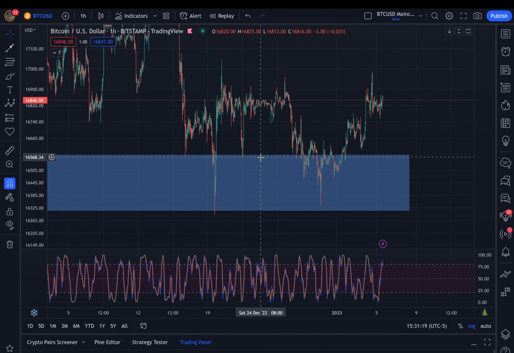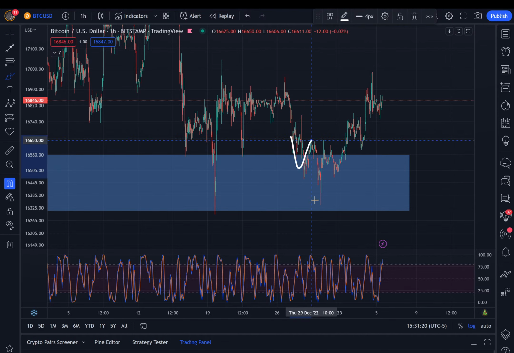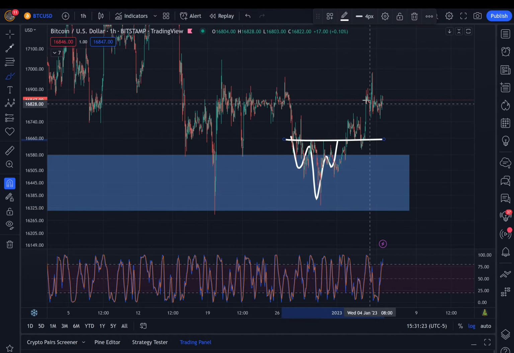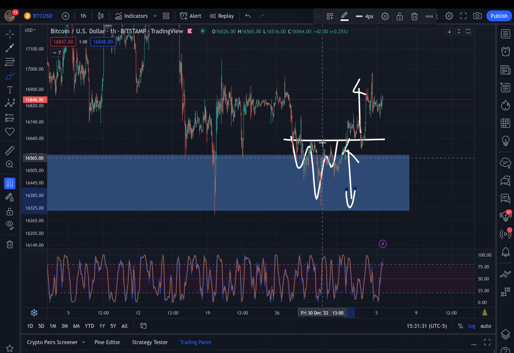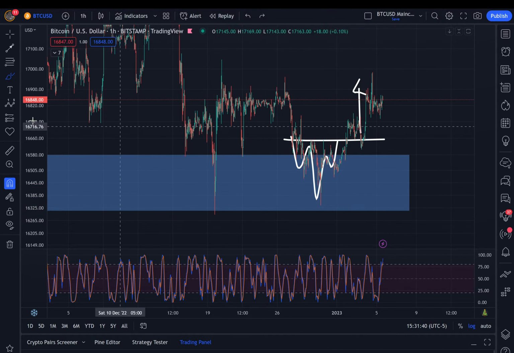We broke out of this inverse head and shoulders pattern, right? And we hit the technical target of that, okay? What is the technical target of an inverse head and shoulders? It's simply the size or the height of the head from the neckline, okay? So you take that, you superimpose it from the site of breakout.